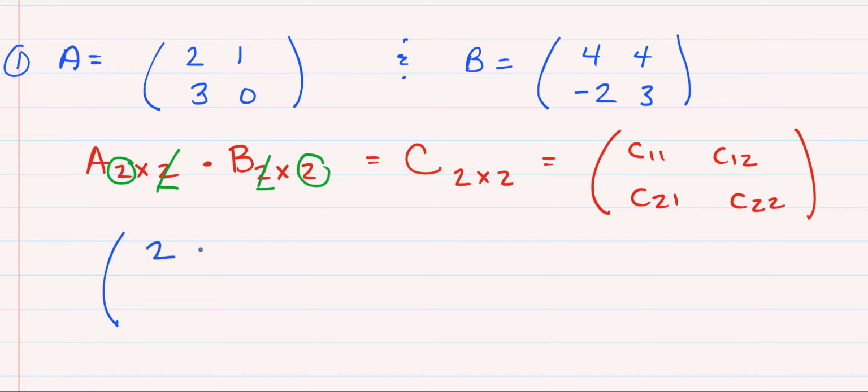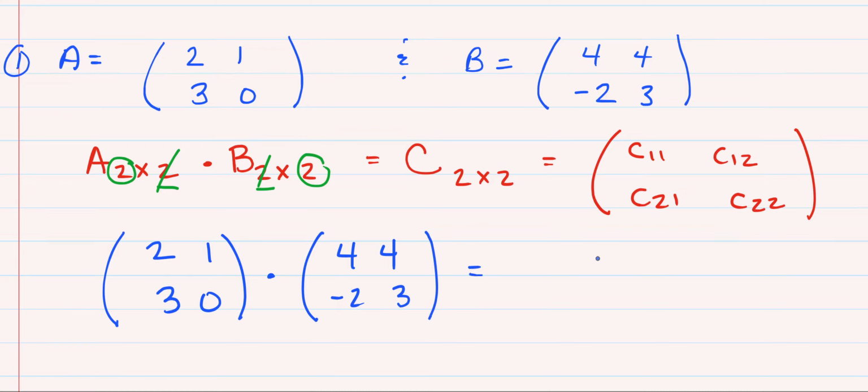I'm going to do that by rewriting these two matrices together, like this. And let's follow the rule. For this first entry, I'm going to take row 1 of matrix A and multiply it by column 1 of matrix B. So I'm going to take row 1 and multiply it with column 1.